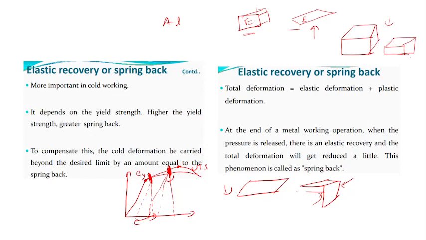But in your bulk deformation, your plastic deformation will be very large because all of the dimensions are above 20-30 mm. So your full area will be deformed up to some volume. So your plastic deformation is much higher here as compared to here.